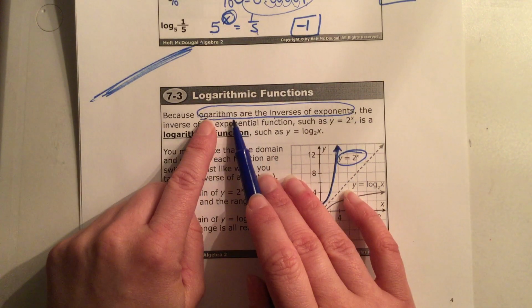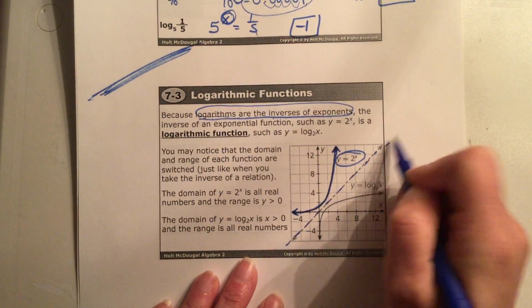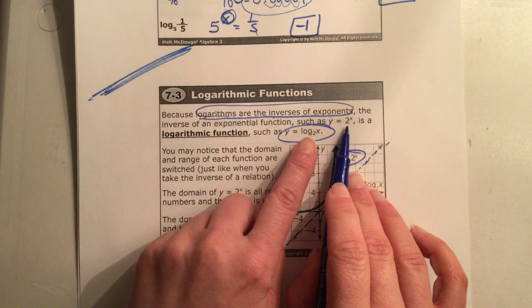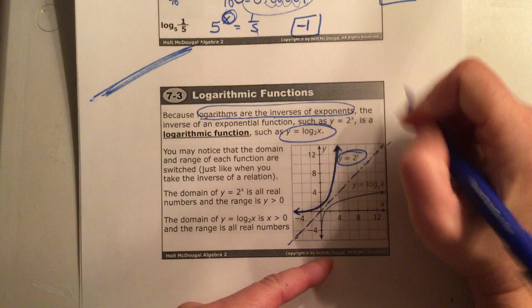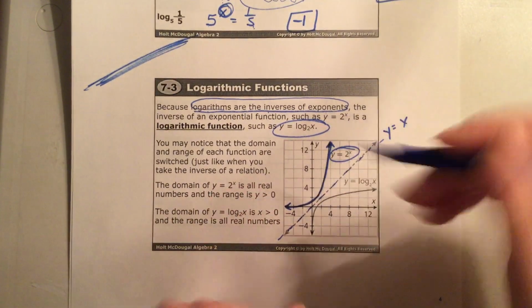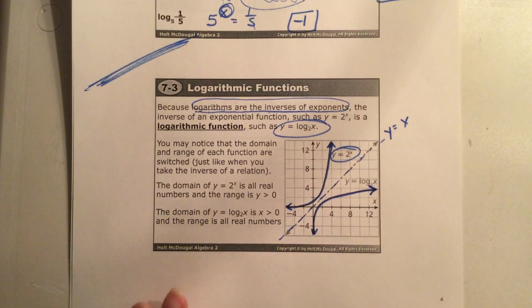Now, if logarithms are inverses, what that means is that when you graph the inverse, which would be log base 2 of x, because remember the bases have to match, it's a reflection over that line y equals x. So all that would happen is it would flip upside down, because all of your x's and your y's would just change.